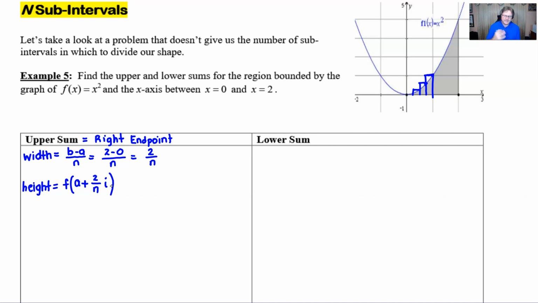Okay, now why is this working for us? Well, if you think about the value of a in this problem, the value of a is 0. So that's not going to really result in much. And so really we just have f of 2 over n times i, or if you want to say 2i over n, that's perfectly acceptable.